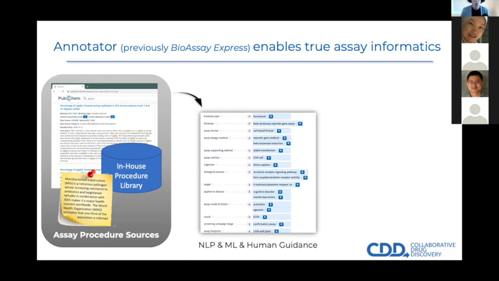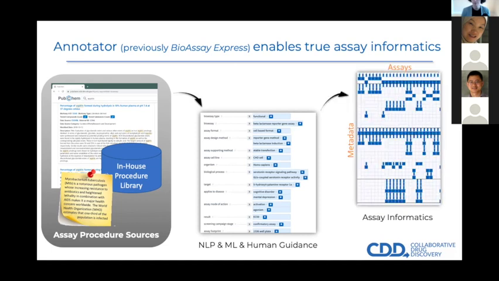And it works in harmony with the human. So these ML and NLP steps are meant to speed the curation process, but they don't remove the human from the loop, because what we're interested in is getting really high quality and really accurate metadata. And that idea is once you have that really accurate metadata, it becomes just another axis or another point for aggregation or detail that you can use in your bio or chemical analyses.